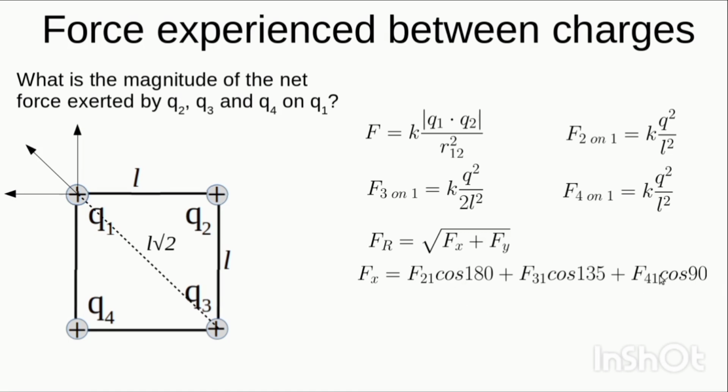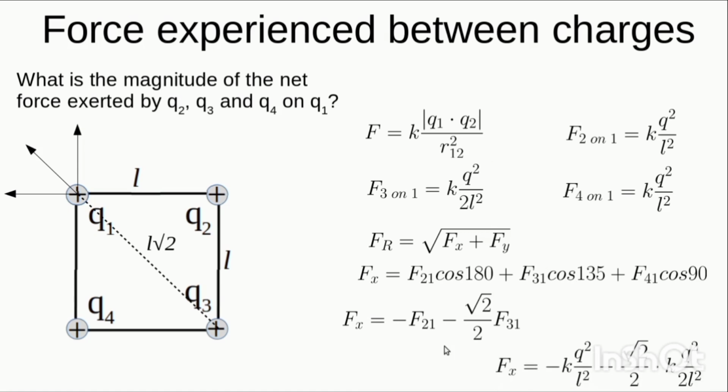At this point, we can resolve this by finding cos 90, cos 135 using our calculator. Then we have this expression. We can see that cos 90 is 0, cos 135 is minus root 2 over 2, and cos 180 is minus 1. Now remember, F2 on 1 is KQ squared all over L squared, and F3 on 1 is KQ squared all over 2L squared.